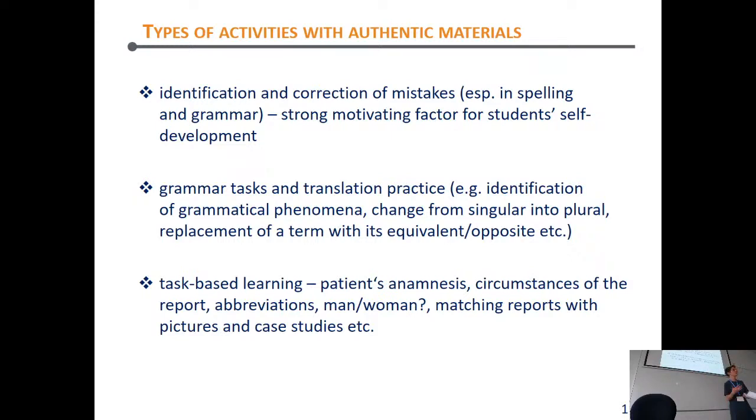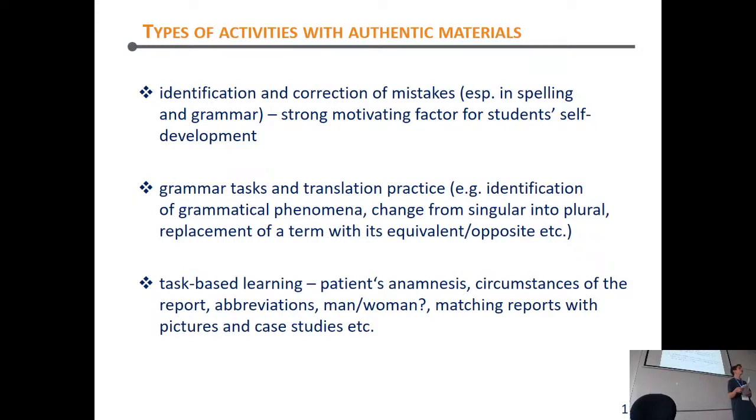This can be done from the very first class, when we show students for the first time what medical documentation looks like, what kind of information is included, and what the potential outcome is. The final aim is that they should be able to write short, simple medical reports of their own, and also passively understand more complex diagnoses.